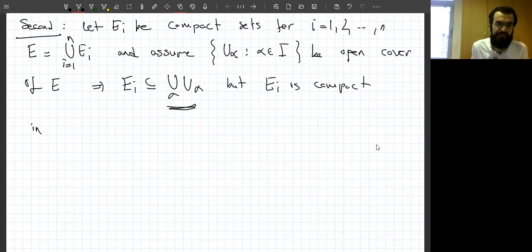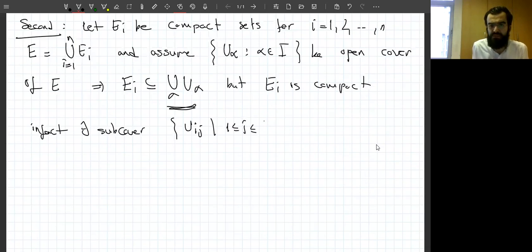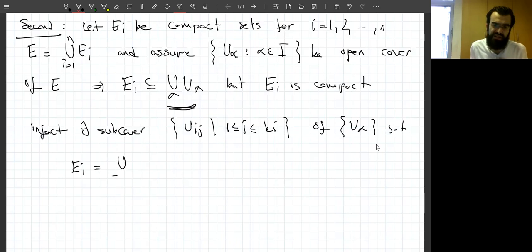So in fact there exists a subcover, say U_ij, of U_alpha such that this set E_i is contained in the union of the U_ij. Not equality, but subset.